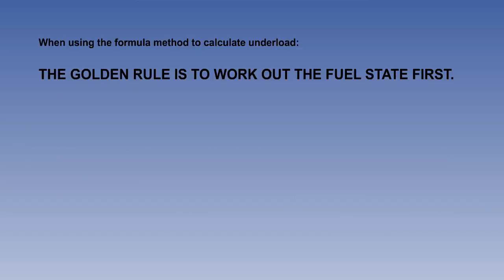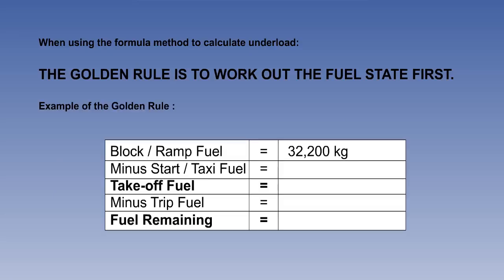A golden rule to follow when using the formulas is to first determine both the takeoff fuel mass and the fuel remaining on landing. On screen, you will see an example of obtaining the required fuel data. Starting with a block ramp fuel of 32,200 kilograms, we now subtract the start taxi fuel of 500 kilograms.